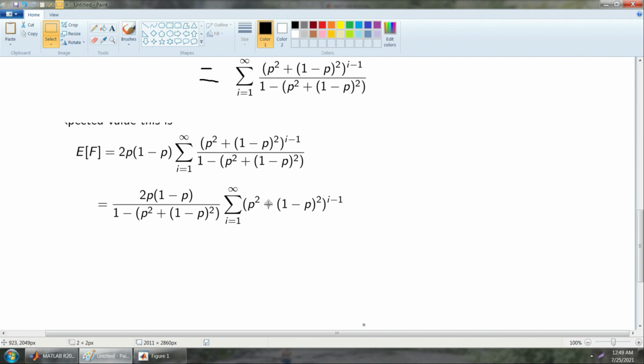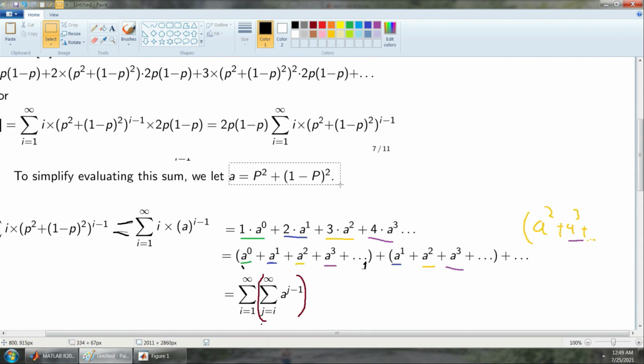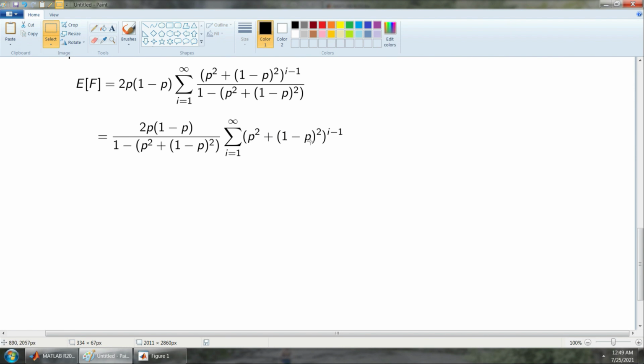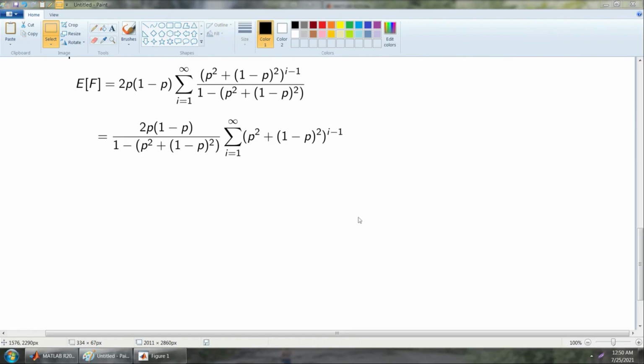So here I can pull that out of the infinite sum and I get this expression here. So now I need to evaluate this sum here. But I've already done that, right? Well, something similar to that. So previously I called this term equal to a, and that's exactly what this expression is. So this whole thing is the same thing as writing this expression here.